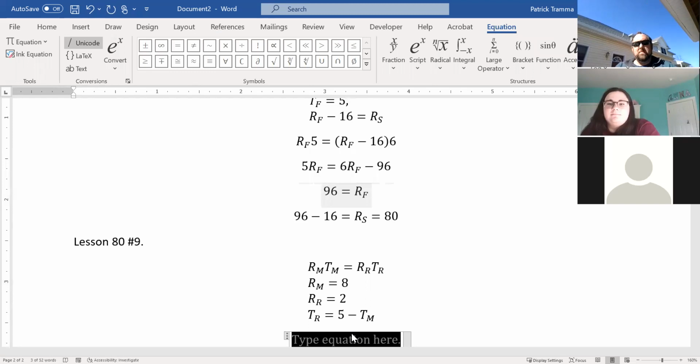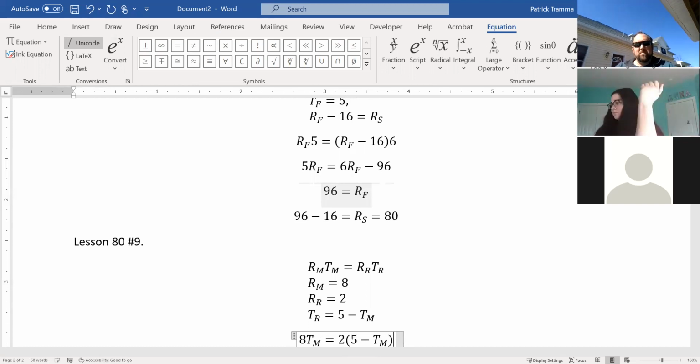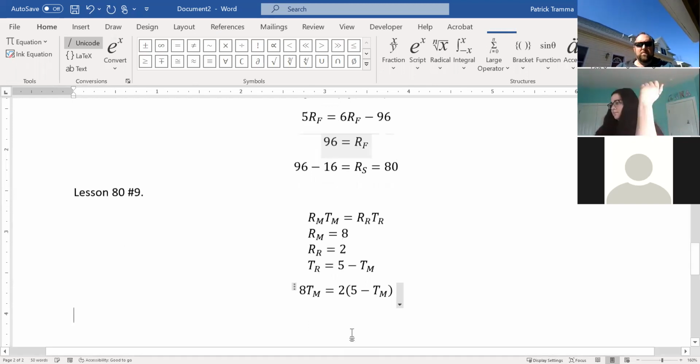So R sub m, T sub m. What's R sub m? 8, and we don't know T sub m. So that's what we're going to solve for. 8 T sub m equals, what's R sub R? Times T sub R? T sub R is 5 minus T sub m. There we go. Good. So now let's use the distributive property.